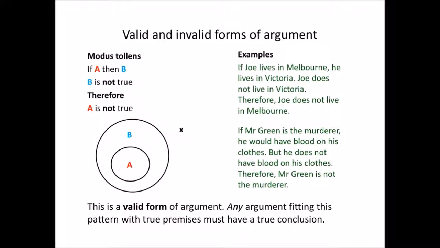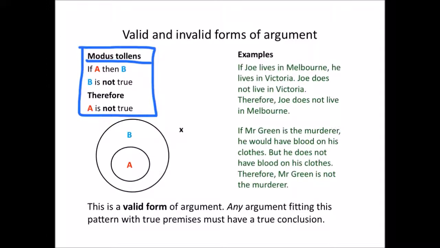Here's that pattern of argument again. If A, then B. B is not true, therefore A is not true. This pattern of argument is called a modus tollens, and you can see, I hope, that any argument that fits this pattern will be deductively valid.